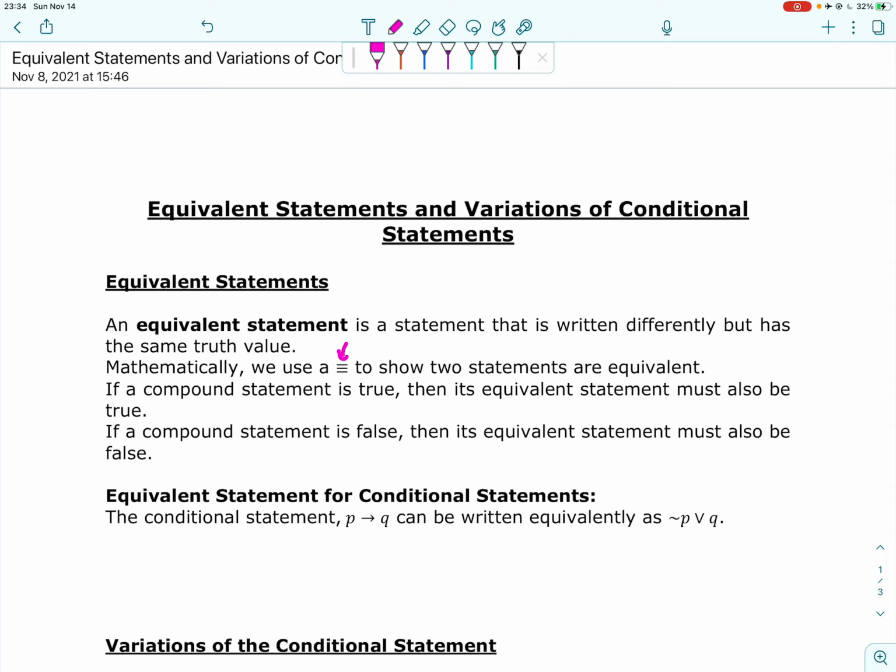Now, there are a lot of equivalent statements out there. We are only going to be concerned with the equivalent statement for conditional statements. And we're going to use these in the next section, which is arguments.